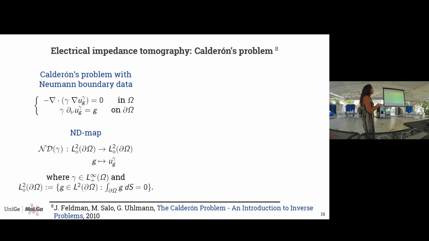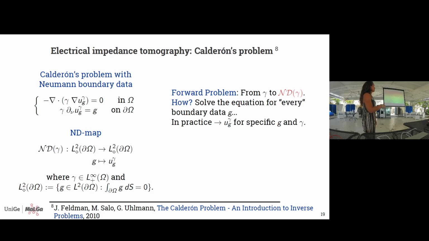So we have this map, that is our measurement y, and we want to recover our unknown gamma, where the map is this one here. We have the boundary data, and we find the solution with that boundary data and this gamma.